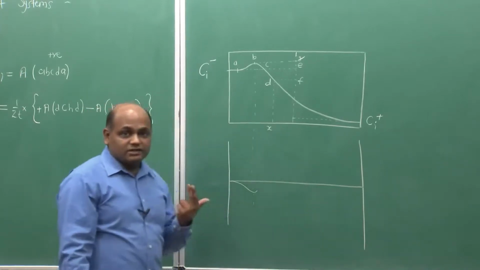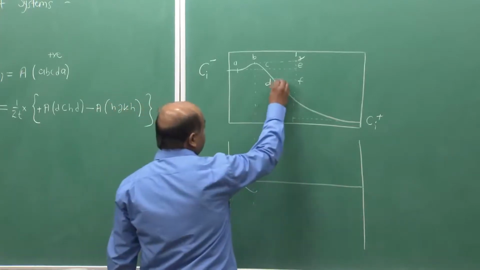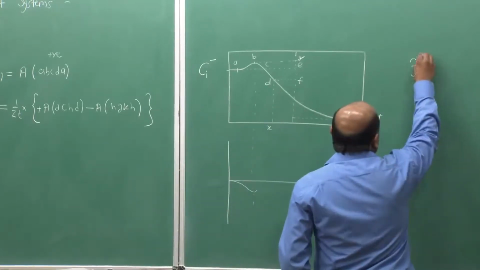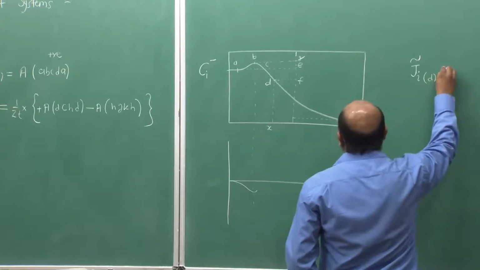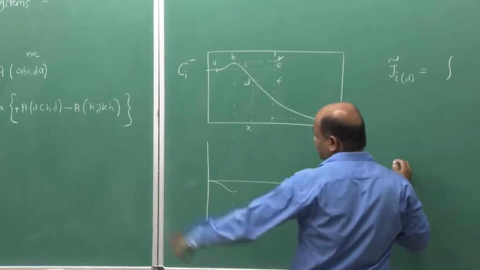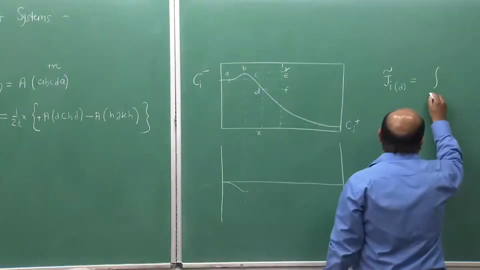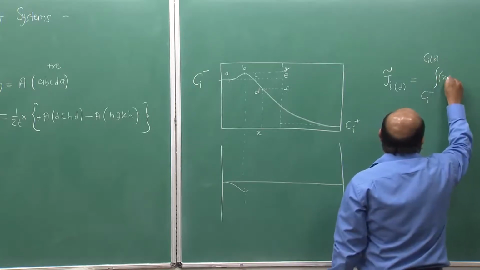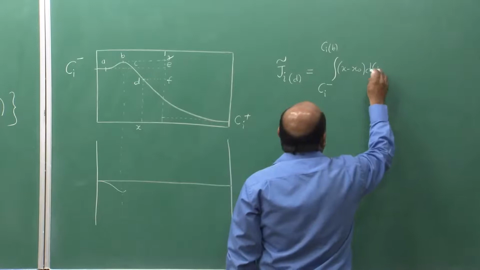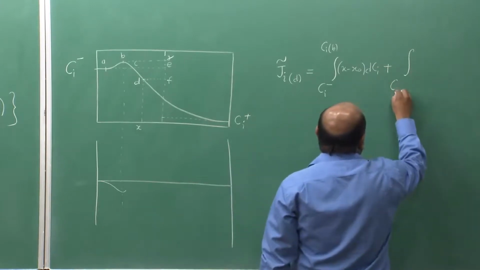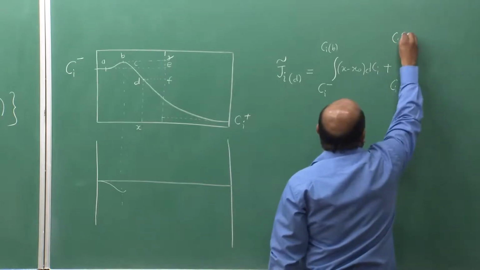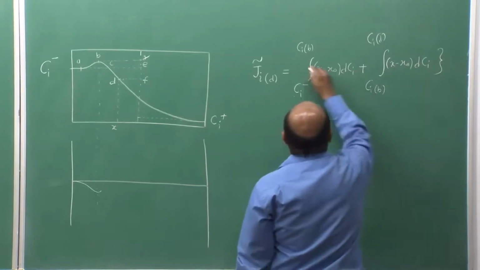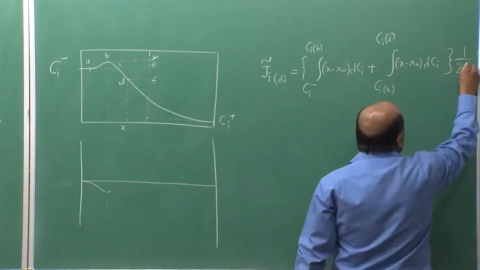So, if you want to find the flux at a point D, for example, so that we can find as Ji tilde at D, we can split that integral at the point of maximum. So, it will be the integral from Ci at A to Ci at B of x minus x naught dCi plus the integral from Ci at B to Ci at D of x minus x naught dCi. Of course, this has to be multiplied by 1 over 2t.